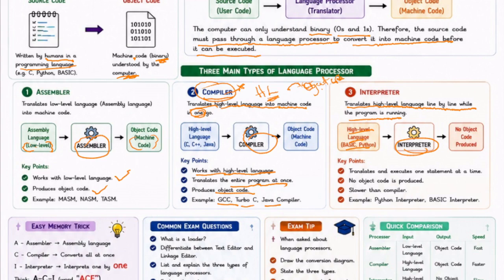It translates high level language line by line while the program is running. This can be done before it gets to you or when it gets to you, depending on the software and the instruction that you are using. But I don't think they will even ask you this kind of question. I'm just explaining for you to have a better understanding of the difference between compiler and interpreter.